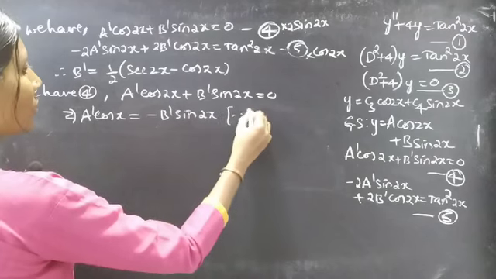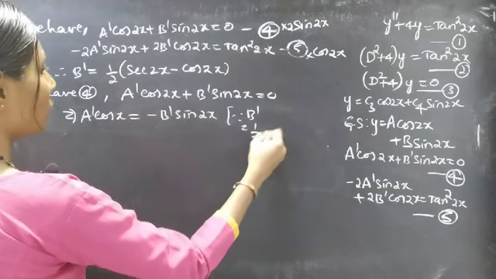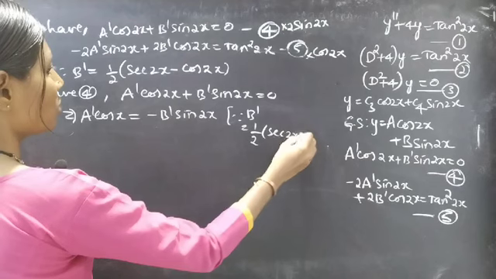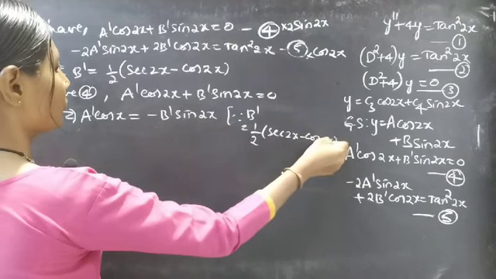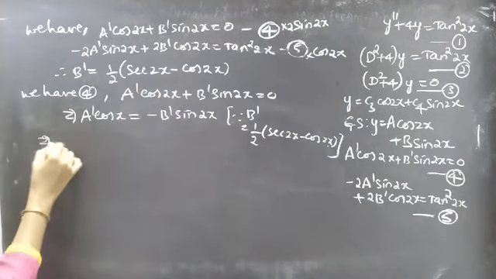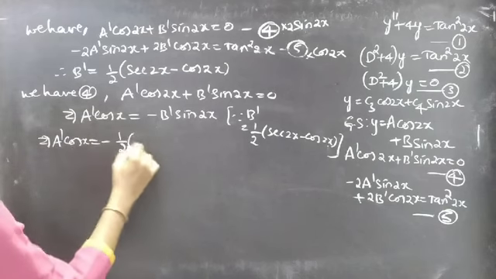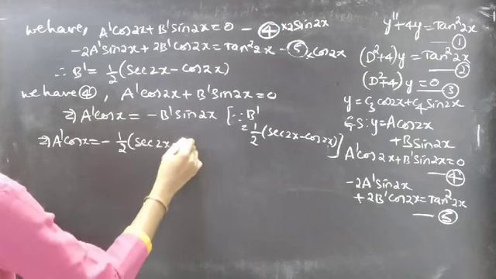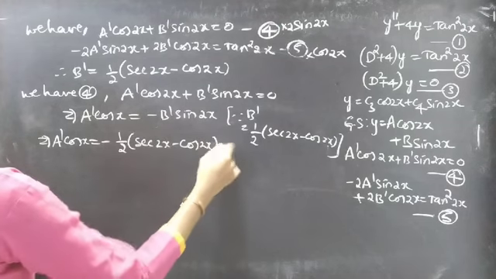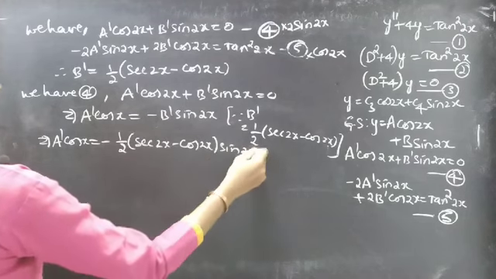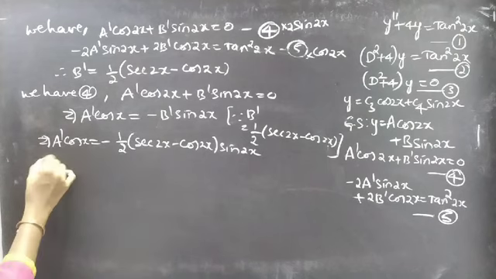Since b dash equals 1 by 2 into secant 2x minus cos 2x, we'll get a dash cos 2x equals minus 1 by 2 into secant 2x minus cos 2x into sin 2x, right?